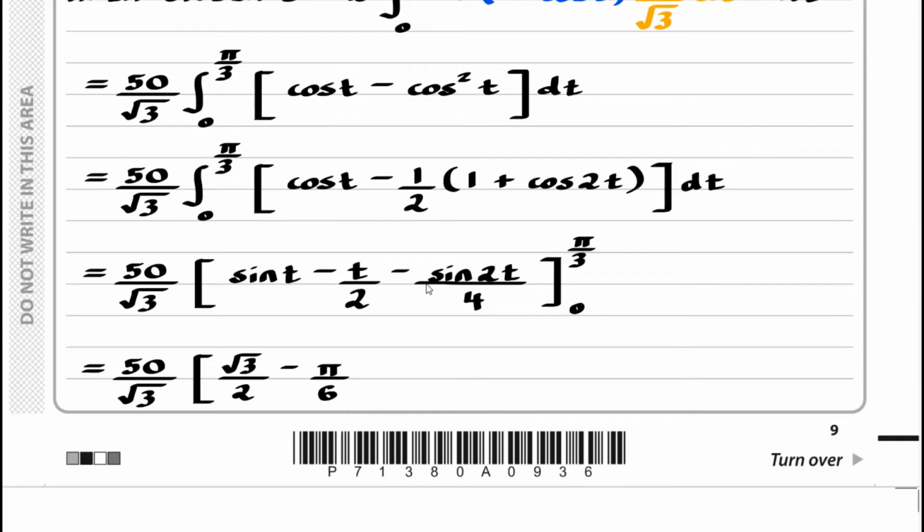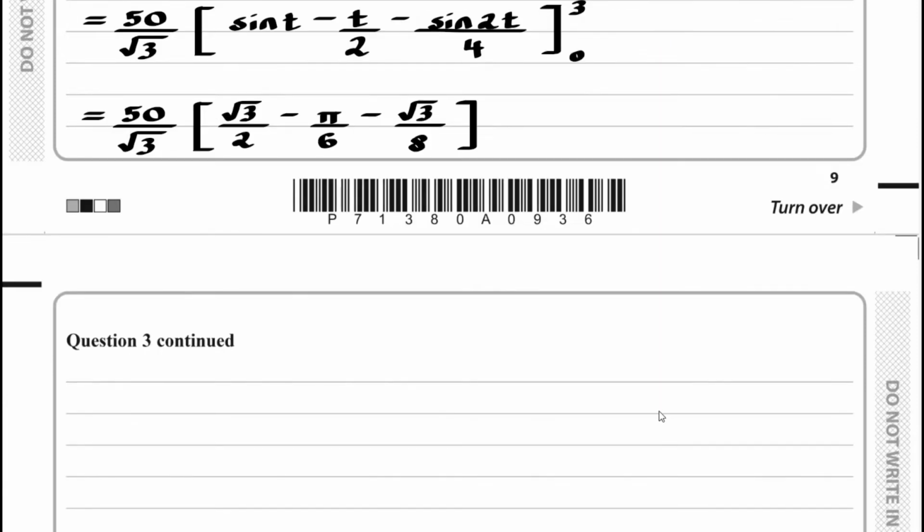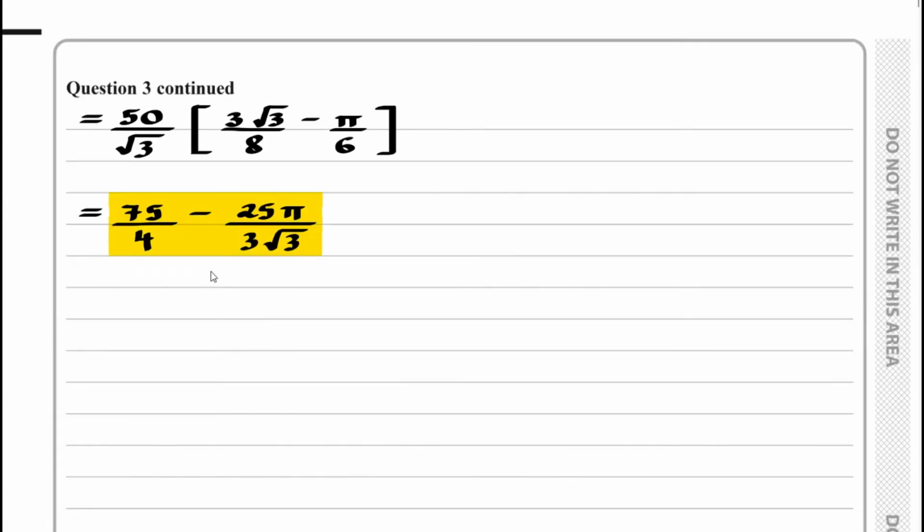And then we have negative sine 2 times pi over 3 over 4, which is negative root 3 over 8. And so, simplifying, we end up with 50 over root 3 multiplied by 3 root 3 over 8 subtract pi over 6, which simplifies to 75 over 4 subtract 25 pi over 3 root 3.